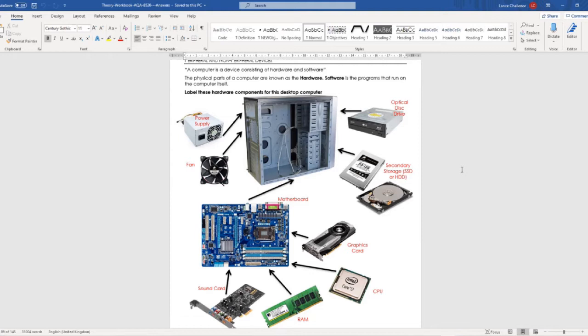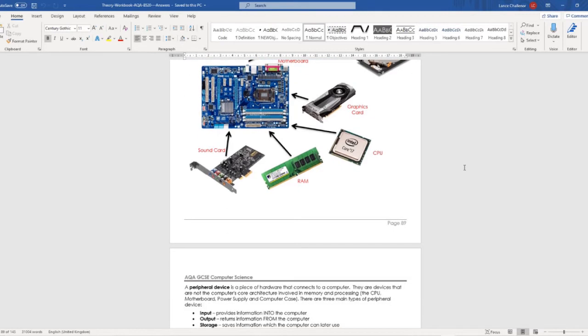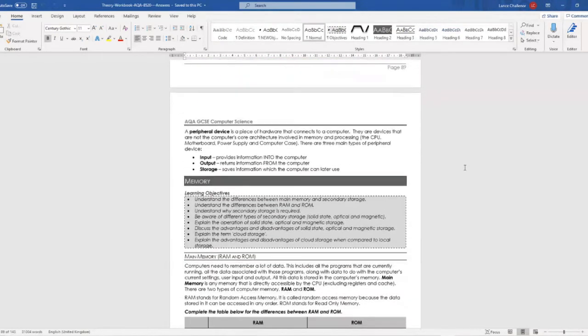So three different types of secondary storage. And then we've got our motherboard, graphics card, power supply, CPU, etc. Hopefully you were able to recognize those parts and label them correctly. Again, this is fairly basic stuff.